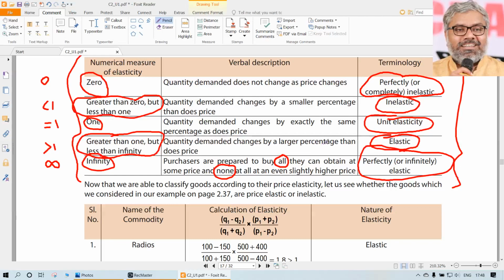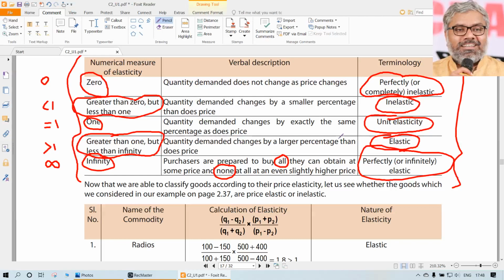So now once we understand price elasticity and we know how to calculate it using any of the formulas, either the normal formula, percentage change in quantity demanded divided by percentage change in price, or point elasticity, lower segment by upper segment, or arc elasticity using the formula. The formula is what?